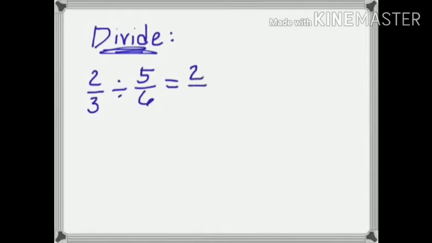So we would rewrite this as 2/3 times, and then we replace the second fraction with its reciprocal. So I would write this now as multiplying by 6/5. We'll talk in a couple of minutes about why that works, why we're allowed to do that. But for now, we just want to learn the steps. So to divide two fractions, multiply by the reciprocal.